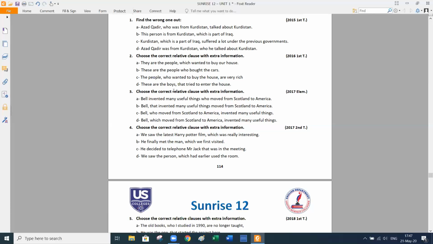But the mistake in D is they use a comma here to separate the extra information. Yes, okay. But they use that, which is wrong. They need to say who tried to enter the house. If they use who here, C and D will both be the same.